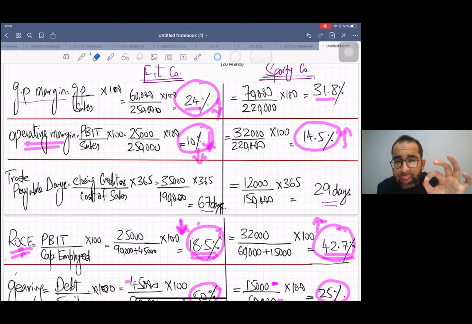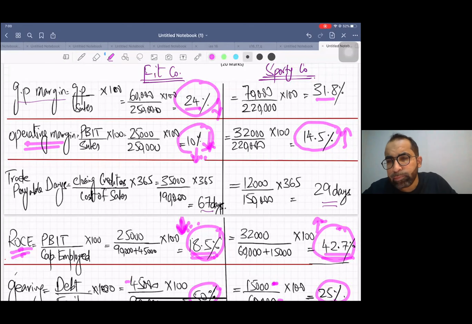Repeat, one of the reasons for low ROS is low operating margin. Okay, so you can write these things.